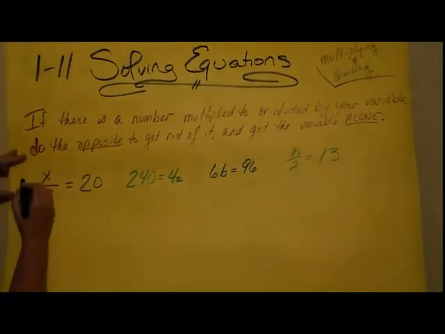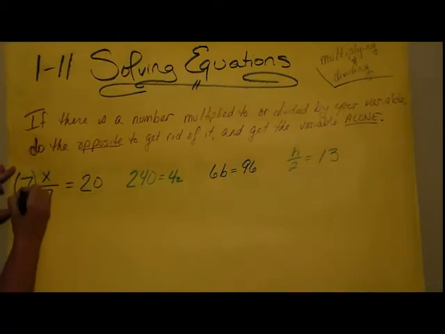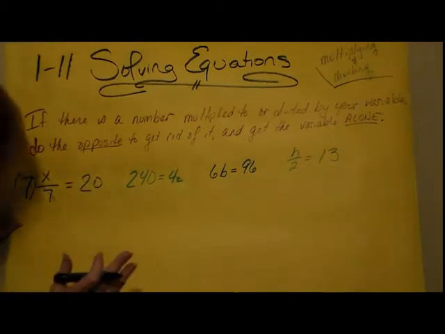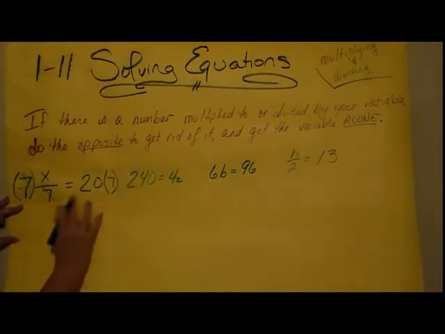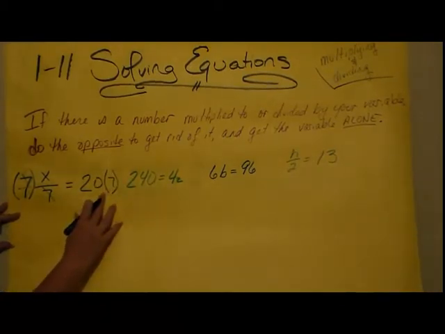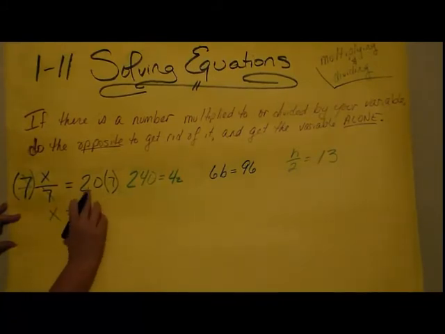And what that looks like is we're going to multiply it by 7, which is really, in a fraction world, 7 over 1, right? Now these cancel out, and now you have x over 1, which is really x. Does that make sense? But we have to multiply this side by 7 too. So these are gone, and now I have x equals, and 20 times 7 is 140.